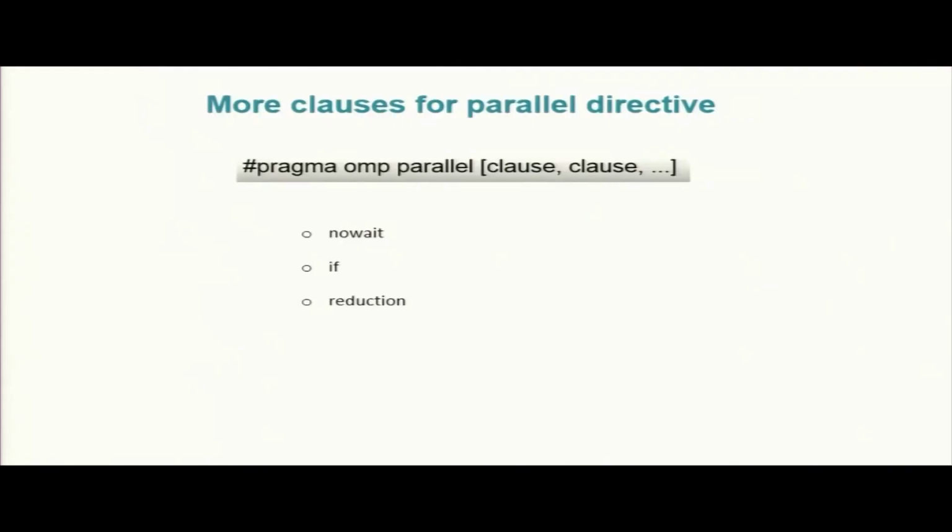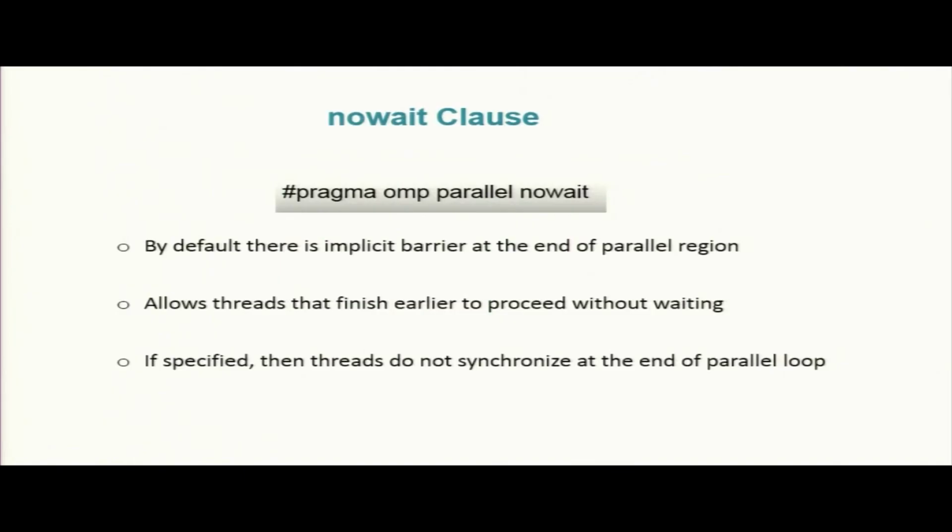There are some more clauses for parallel directives. We'll see each of them: nowait, if, and reduction. Nowait: whenever we have a parallel region, we have a synchronization at the end of that parallel region. This is because we assume that data from the parallel region would be used after the region is over.